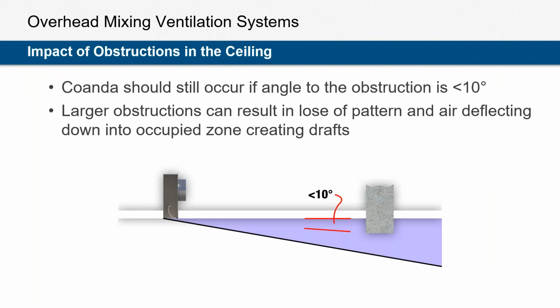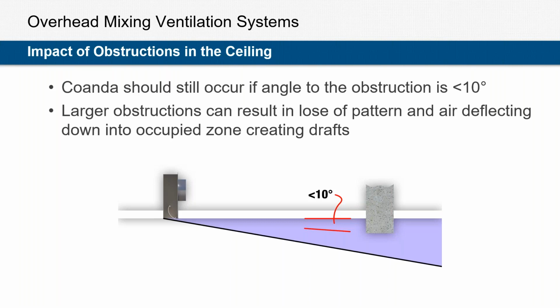Another thing to consider is architectural features or support structures that may be in the ceiling and what impact they could have on our airflow pattern. We should expect Coanda to still occur if that angle is less than 10 degrees.